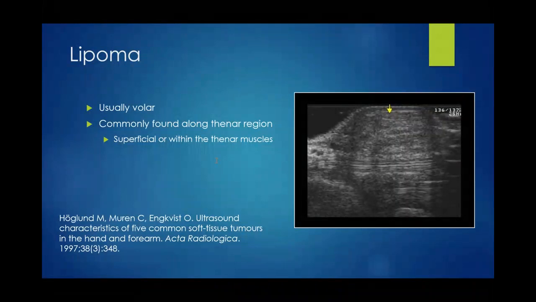Yeah, so the next one has to do with how you differentiate PVNS versus tenosynovitis. It's a combination of history, physical exam, and imaging findings. Tenosynovitis, a true inflammatory disease process outside of there being an infection, may be isolated to a singular tendon sheath.